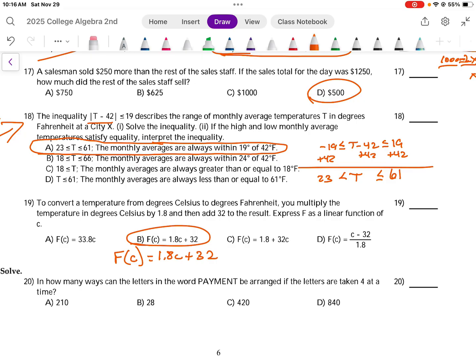How many ways can the letters of payment be arranged if the letters are taken 4 at a time? Well, how many letters are in the word payment? There's 7, so n is 7. And I'm doing 4 at a time. So now I got to decide, is this a permutation or is it a combination?